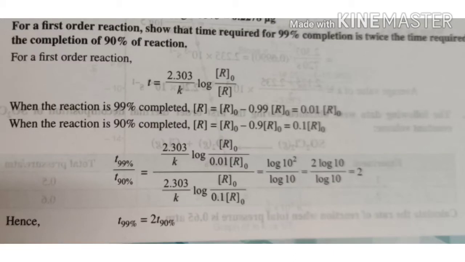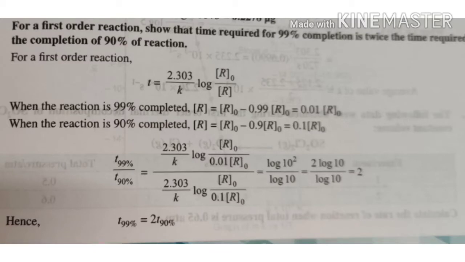When the reaction is 99% completed, R is equal to R0 minus 0.99 R0, which is 0.01 R0. Now when the reaction is 90% completed, R is equal to R0 minus 0.9 R0, which is 0.1 R0.